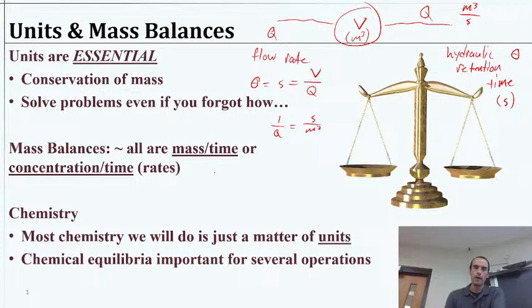In terms of the mass balances, we're almost always looking at some form of mass per time. Maybe in some cases it'll be a concentration per time or a number per time. But basically when we're talking about a rate, it's almost always mass or number per time.